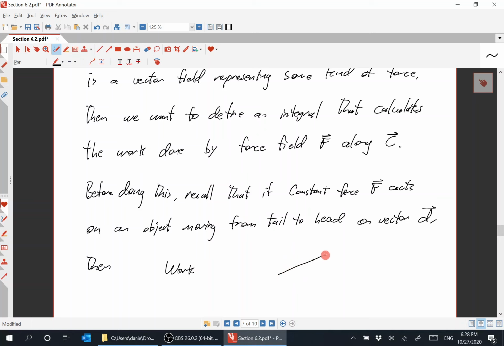So d is this distance vector, and F was that force vector. But when you say force times distance, you mean the force and the distance are in the same direction. When they're not in the same direction, it's just the component of F along d times the length of d. It was F dot d. It's like force times distance, but it's not the ordinary times, it's the dot product times, if you remember that from chapter 2, section 2.3, when we covered the dot product.